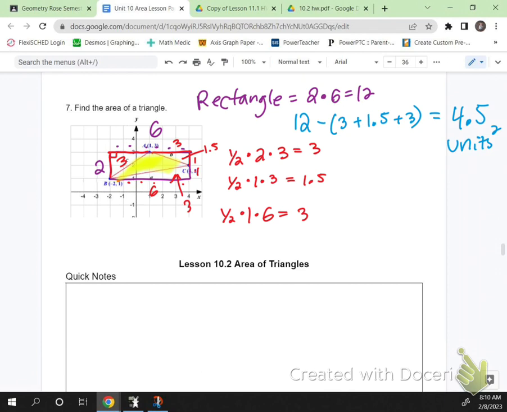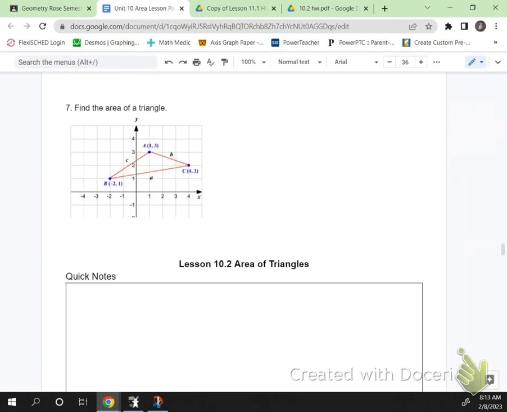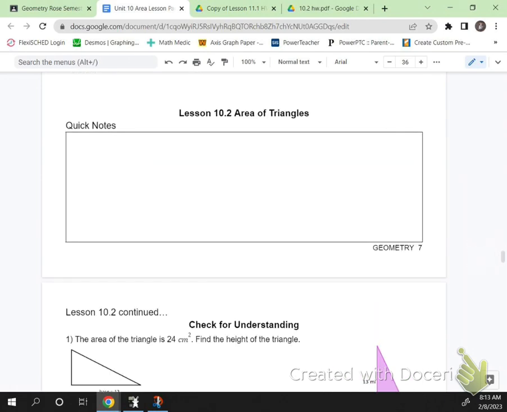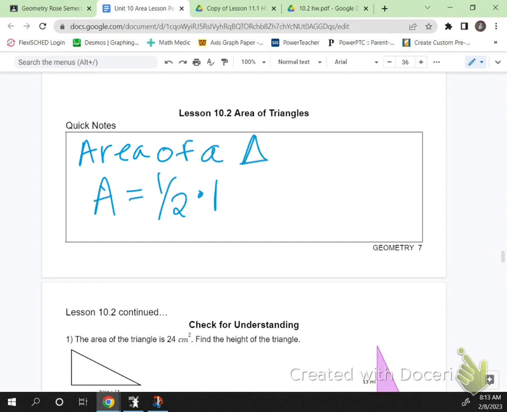We just looked at shapes within shapes. We'll practice it. There's one in our homework. Let's summarize what we talked about for area of triangles. So you've got an equation. The area of a triangle is 1/2 times your base times your height.